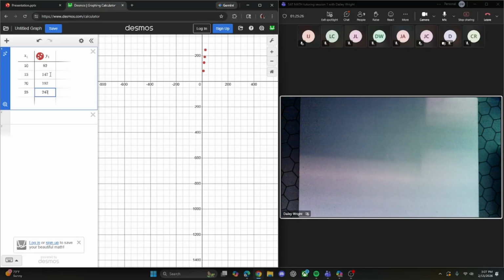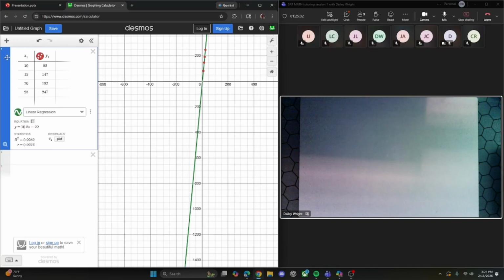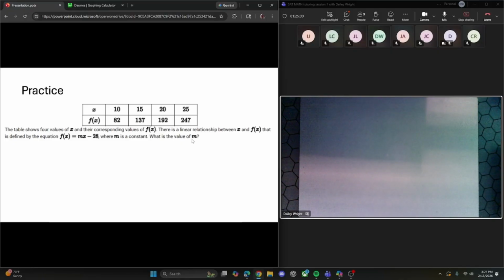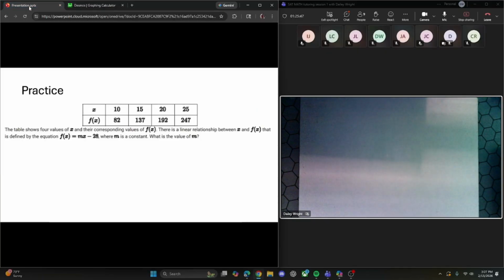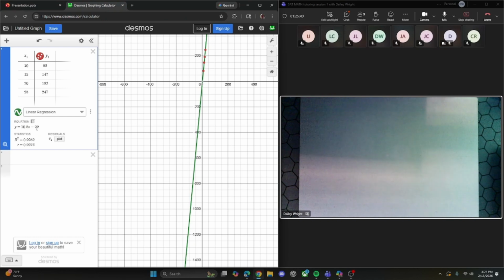You have your points and nothing pops up. You go to the button that says add regression and click it. A thing pops up saying linear regression. This definitely says there's a linear relationship, so you would use linear regression. Then it gives you the answer right here. It says y equals 10x minus 28.